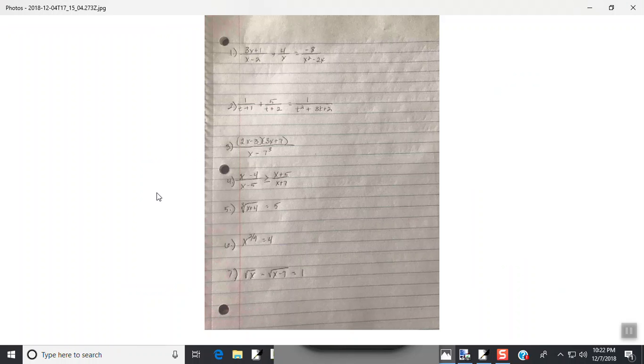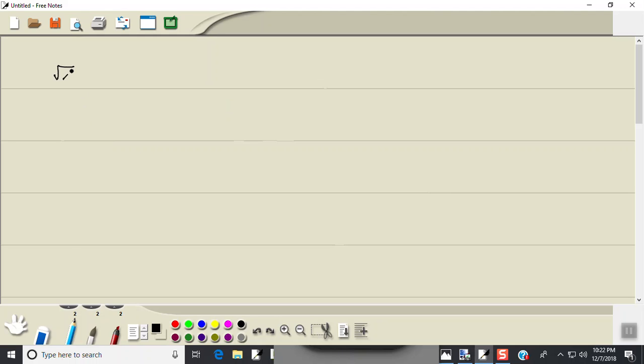And another one is square root of x minus square root of x minus 7 equals 1. Now I have to get a radical by itself, so I take that negative over.